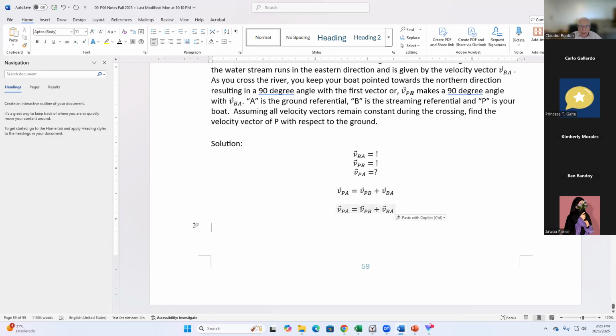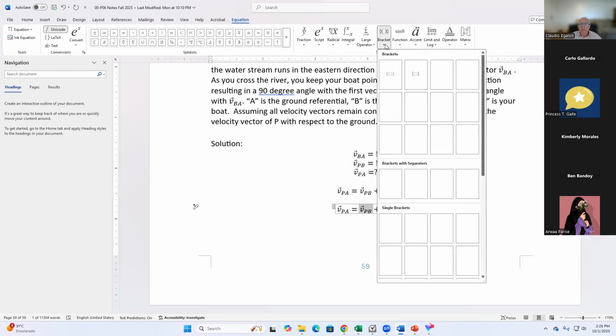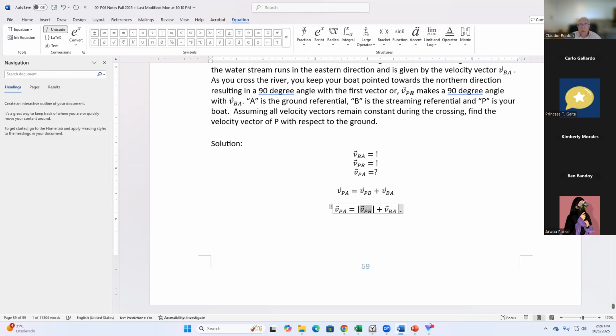We know that VPB points in the positive X direction, which is the eastern direction. If it points in the positive X direction, I can put that notation, the magnitude of this vector, which is a scalar. Oh, wait a minute.